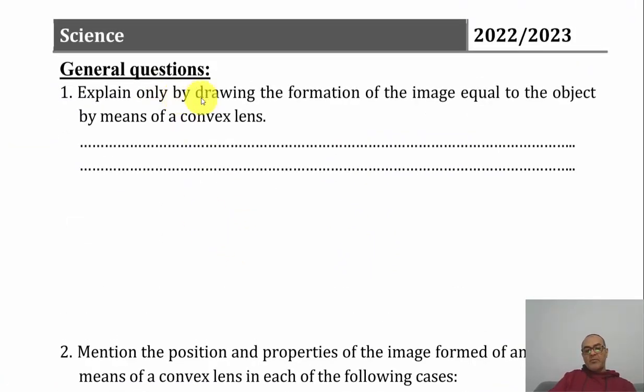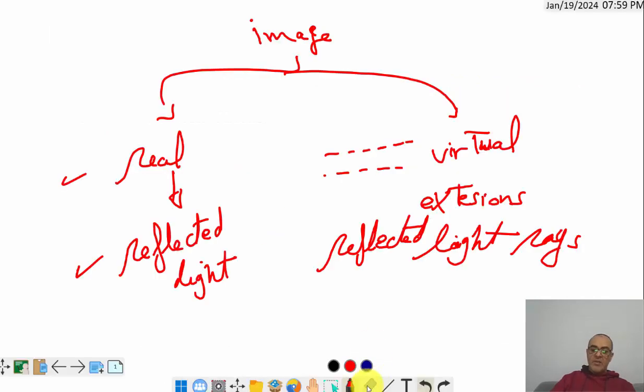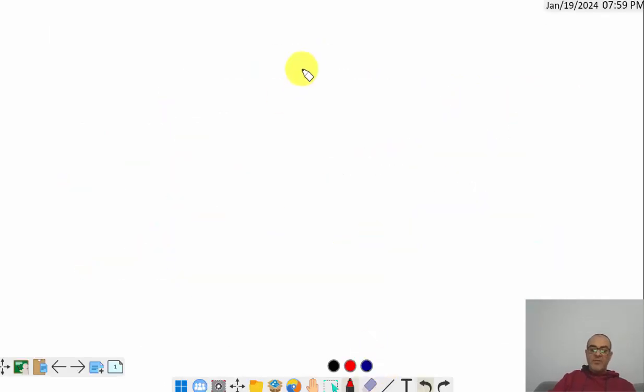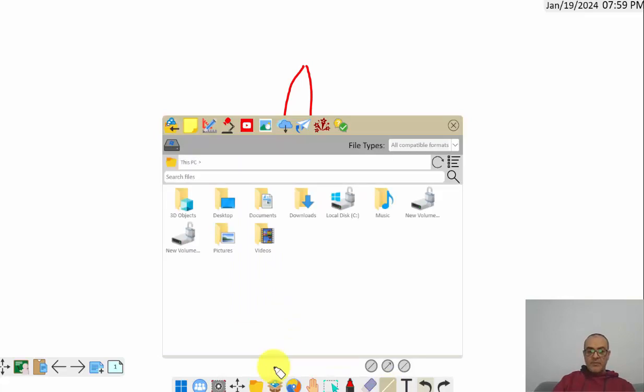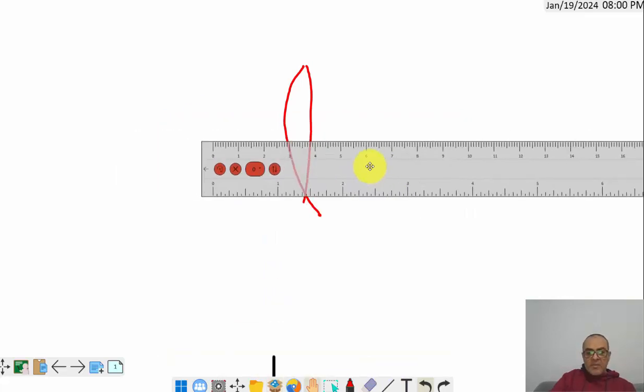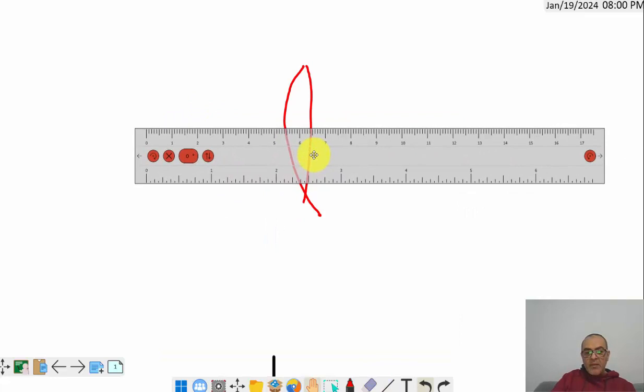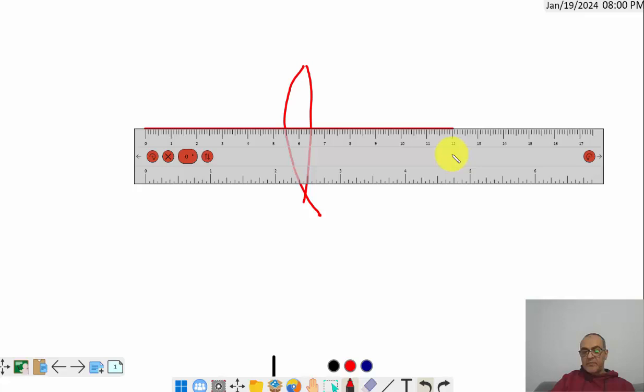Explain by drawing only the formation of an image equal to the object by means of a convex lens. Let's go to the explanation board, and this is the convex lens. And here we will find the ruler, and draw the line from 0 to 12. And the middle here is the optical center.